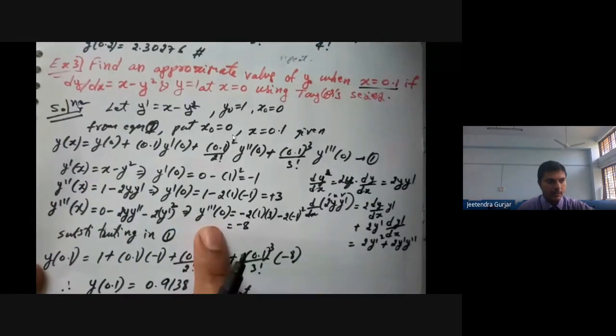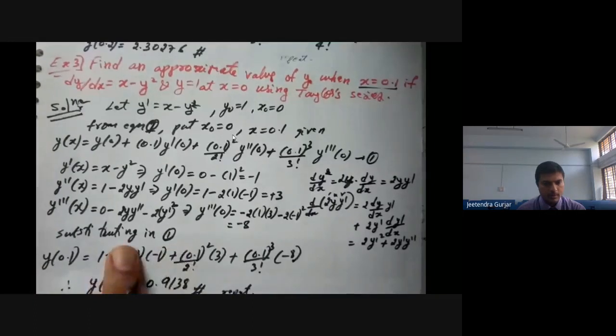Then immediately you have to solve y dash of x, y double dash of x, and y triple dash of x. So y dash we got minus 1, y double dash we got plus 3, y triple dash we have got minus 8. So this is also enough. Third degree is also enough.